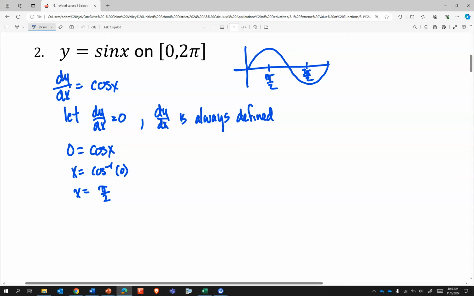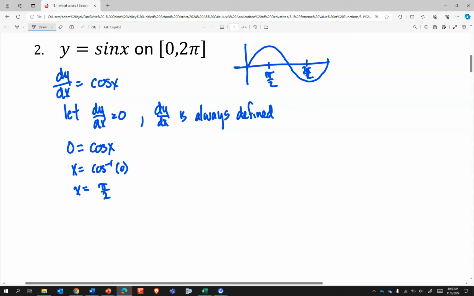Man, that happens a lot. So x equals pi halves, x equals 2 pi minus pi halves. Hopefully you remember your rotations from trigonometry, and that ends up being x equals 3 pi halves.